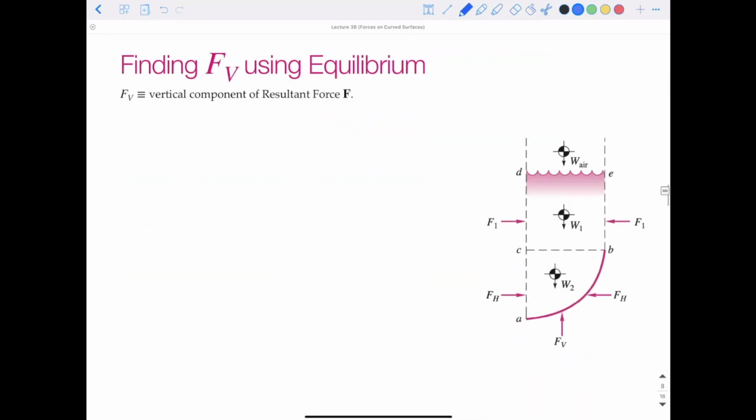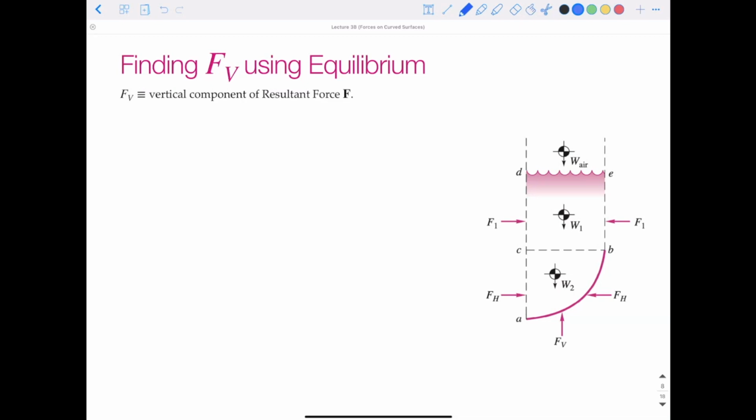All right, so let's find our vertical component of our force first. So FV is the vertical component of a resultant force, and we can solve for this by solving the equation of equilibrium for adding up all the forces in the vertical direction.